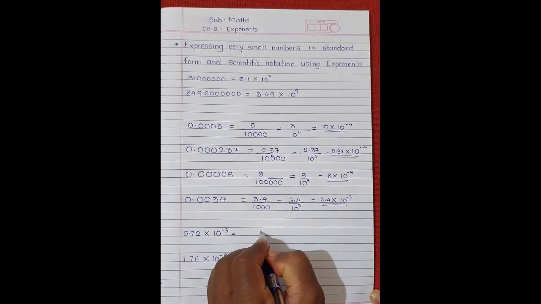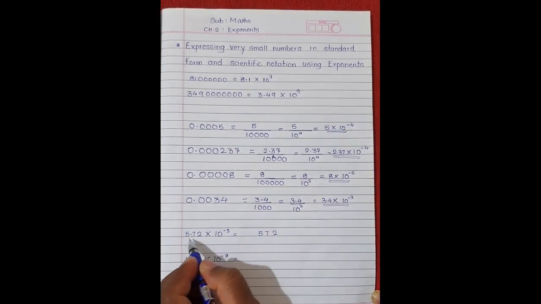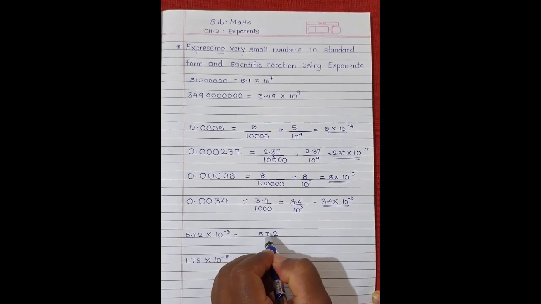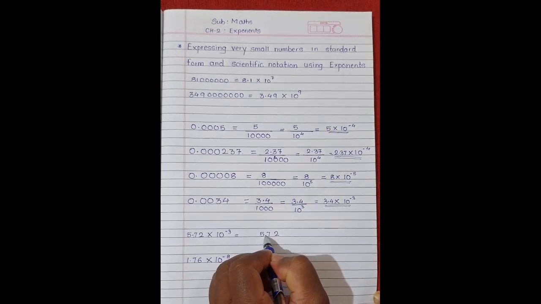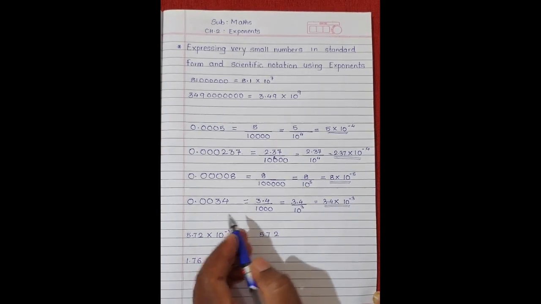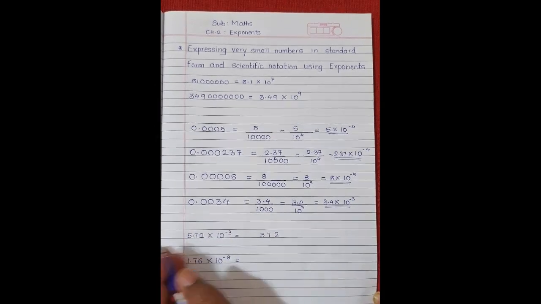First, write 572 as it is. Now in this number, where is the decimal point? Here, after 5. Where do we have to shift it? When the power is negative, we have to shift the decimal point towards the left side. Since here the power is negative 3, we shift 3 places towards the left side.